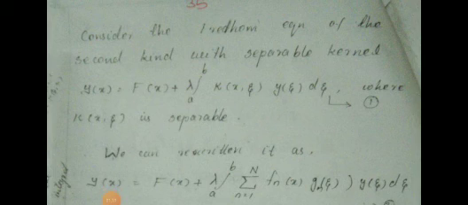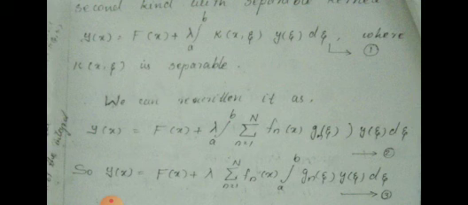Consider the Fredholm equation of the second kind with a separable kernel, that is y of x equals f of x plus lambda times integral a to b k of x theta y of theta d theta, where k of x theta is separable.